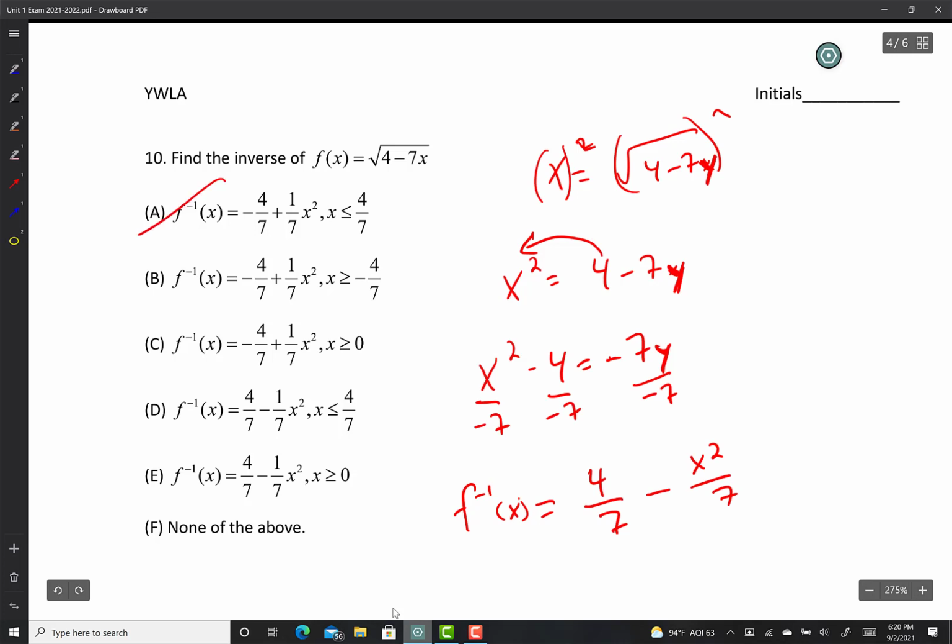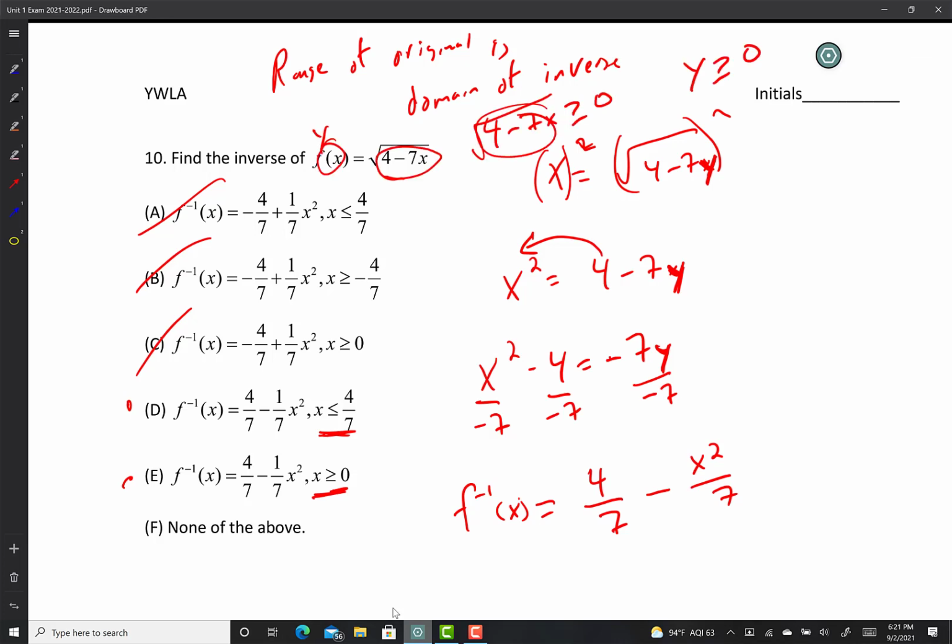So then I have these x values here. So what are they going to be? Well, my range of the original is the domain of the inverse. So what that means, guys, is since my range for this function, remember, there is a square root function, guys.